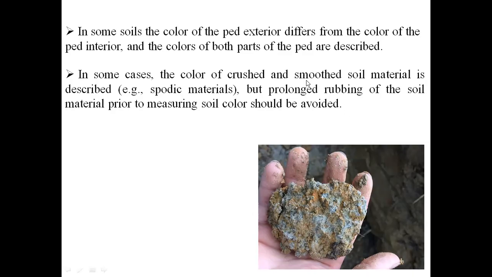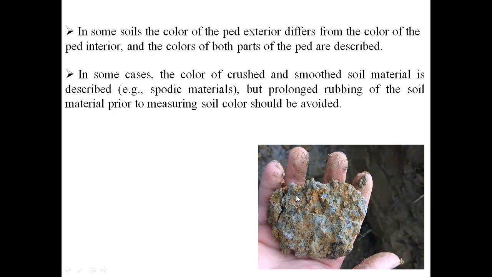Anyway, these conditions will be like this, students. The color is like this by the open eye, but once we break this, twist this, vertically, you can see there will be some difference. We can describe the different color of the ped on the interior and the exterior. So interiorly there will be a different color.